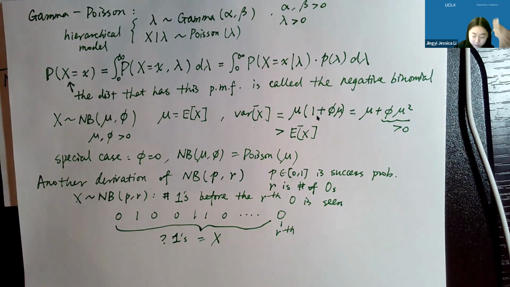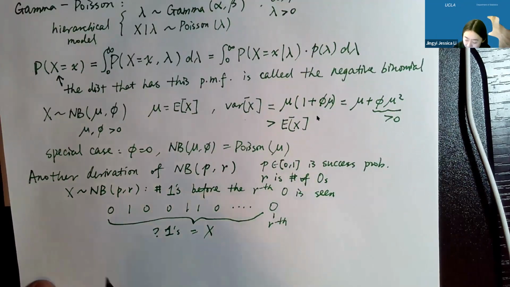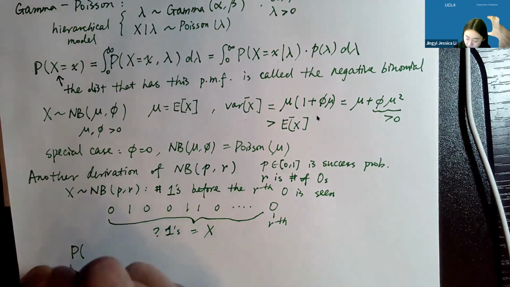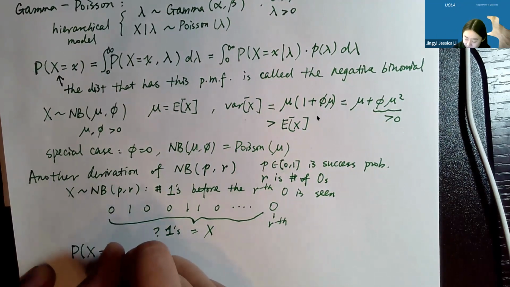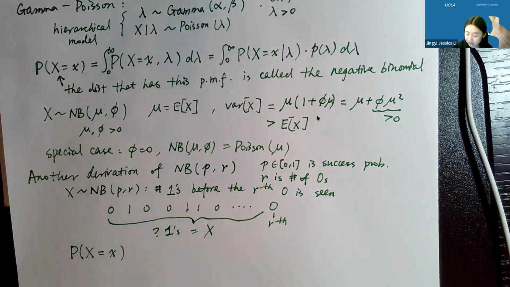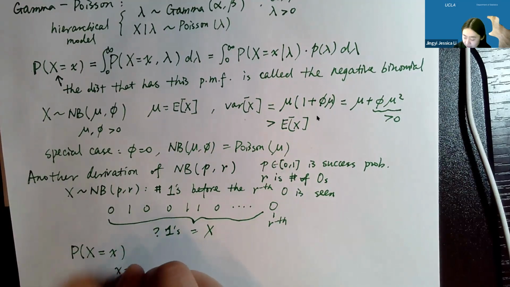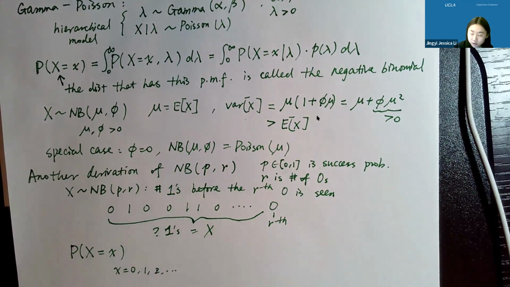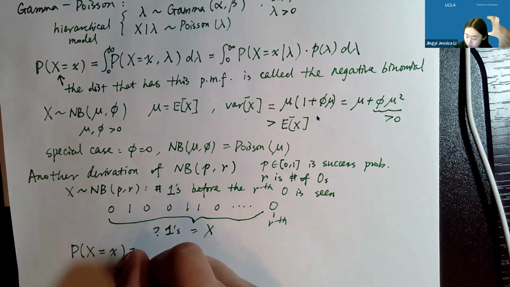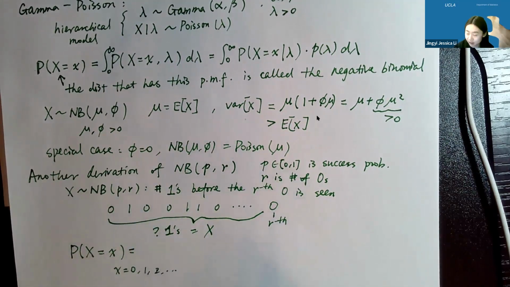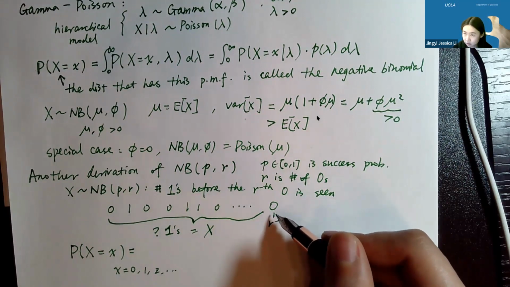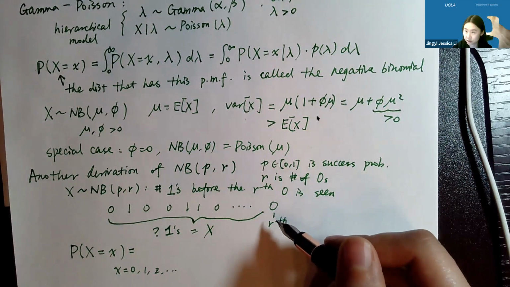And from this formulation, you can see that if we try to calculate the probability mass function for random variable X taking small x value, and this small x is just, as I said, non-negative integers, then let's do this math problem, okay? Because we know we stop at the R-th zero, this one is known for sure to be 0.